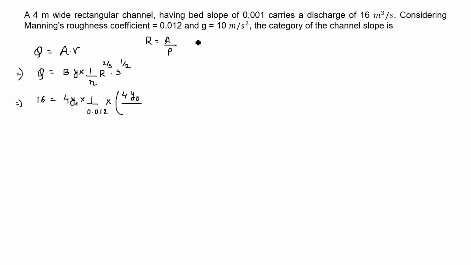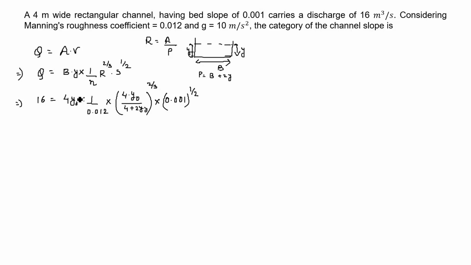For a rectangular channel, if depth is Y and width is B, the wetted perimeter is Y plus B plus Y, that is B plus 2Y. So here it is 4 plus 2 Y naught, to the power 2 by 3 for the hydraulic mean depth, and S is the bed slope, which is given in the question as 0.001 to the power 1 by 2.